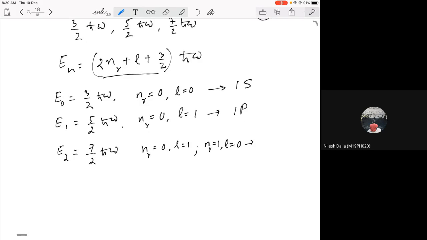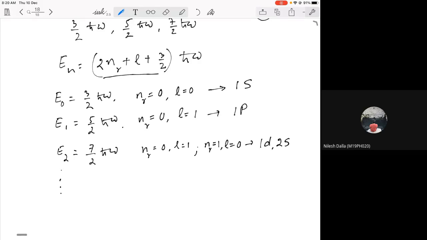So L equal to 0 will be s, L equal to 1 will be p, and then the next one will be, with nr, it could be 1d, or it could be 2s. This is how we get the combinations 1s, 1p, 1d. For higher energy you can keep on doing that, so you can also have 1f, 1g. All these combinations are possible.